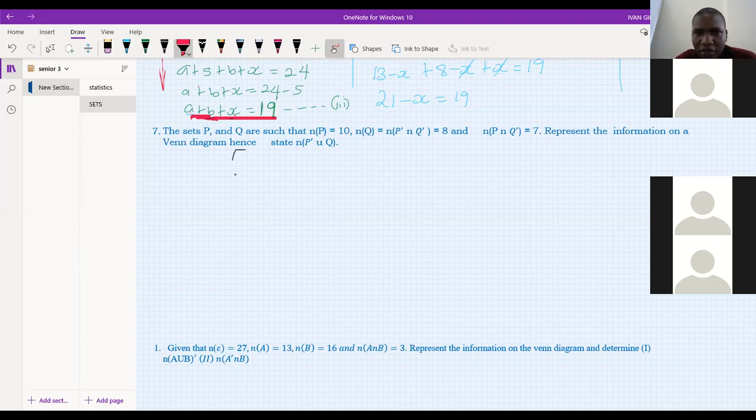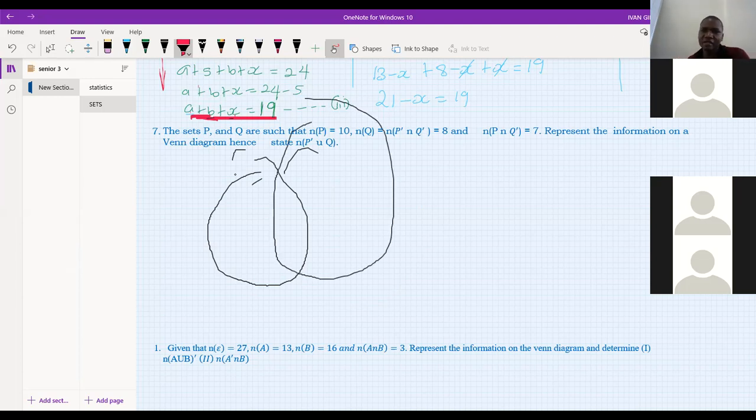Just draw the 2 circles and put for us there what. That's okay, don't mind even if it is not very perfect. We just want to get the information, even if the circles are not. We have 2 sets.